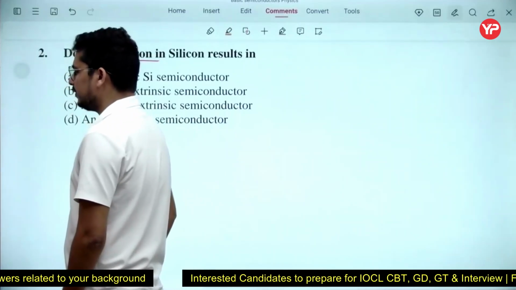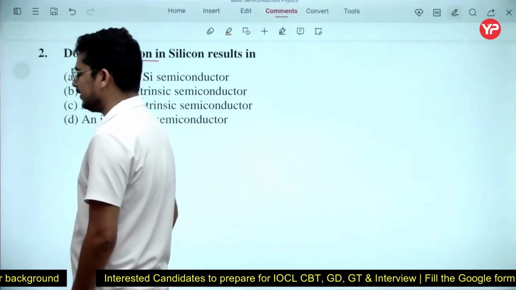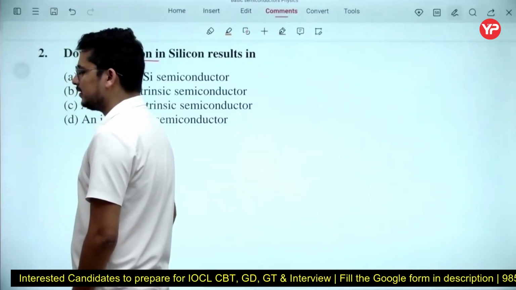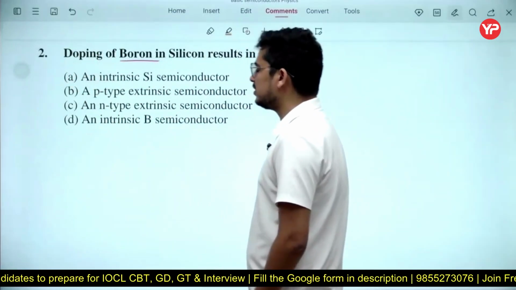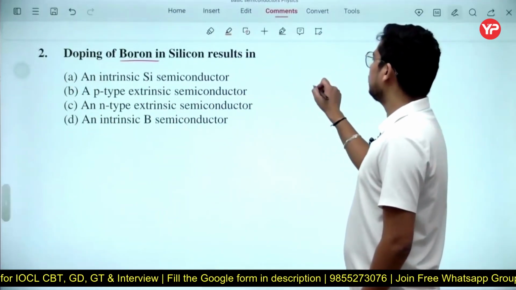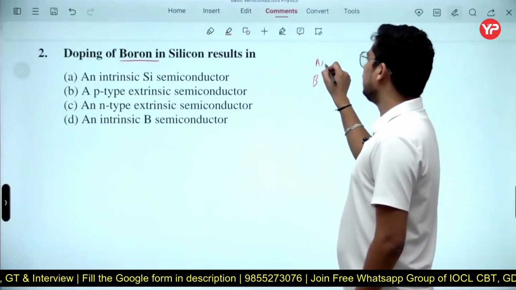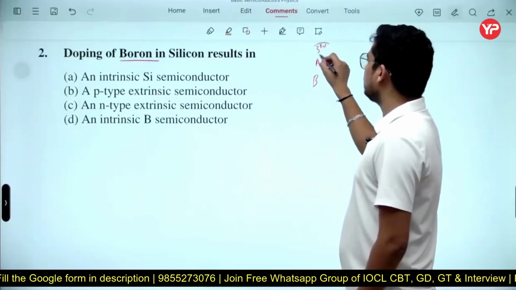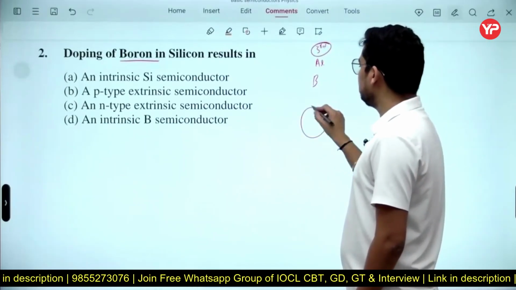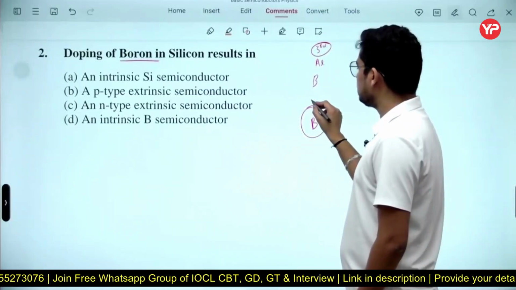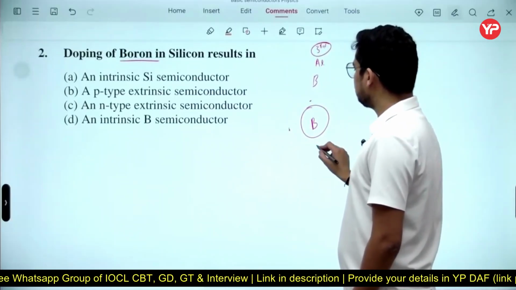Boron is not fifth group, it is a third group element, right? Not the fifth group, right, Amisha? So it is a third group element, boron. That is the part of aluminium, third group. Third group means its outermost shell has 3 electrons. If you have a boron like this, its outermost shell has only 3 electrons.